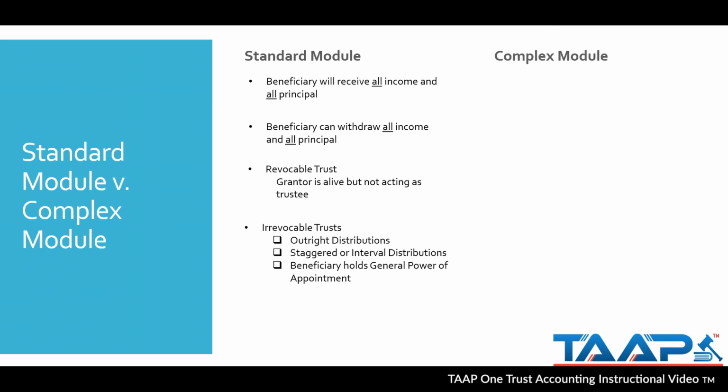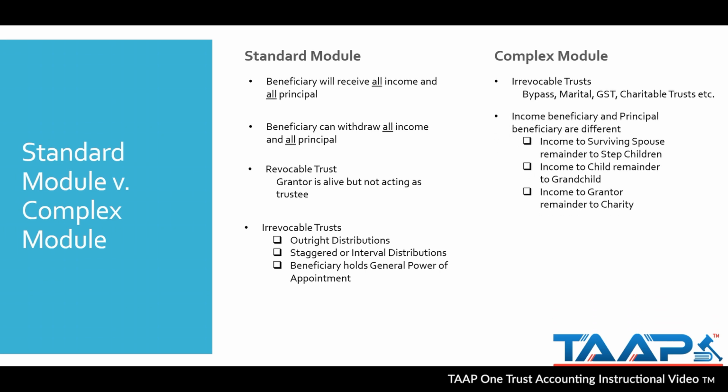The complex module is going to deal with irrevocable trusts, and here's a typical list of irrevocable trusts where the complex module will be appropriate. The very familiar bypass trust, marital trust, GST, and charitable trusts. By way of example, you have a split between the income beneficiary and the principal beneficiary.